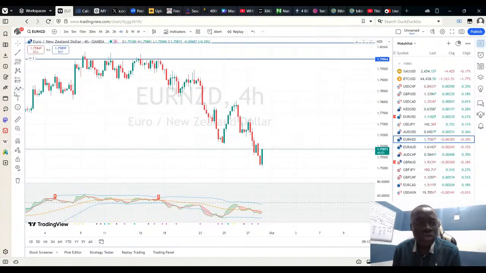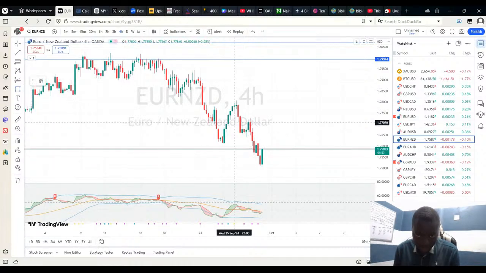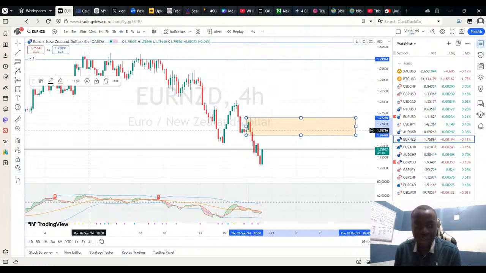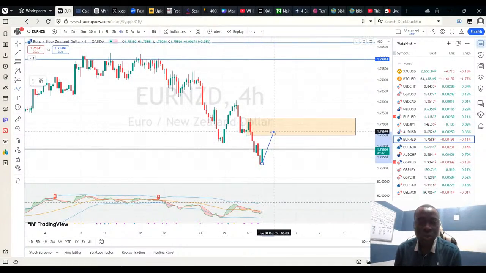So where should we focus our attention if we are going to be selling? We are going to be focusing our attention on this particular market maker footprint here to look for sell opportunity. So far, so good. That is my decision on Euro NZD.